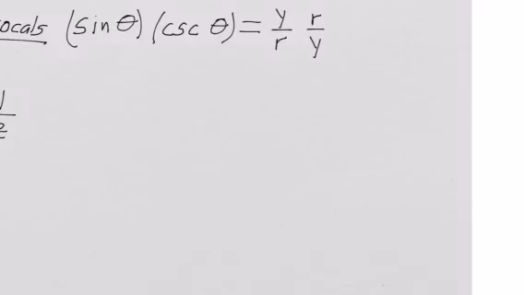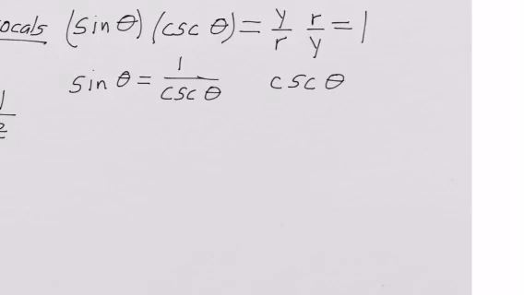I multiply those together, I get r times y over r times y, since multiplication of real numbers is commutative, which gives me 1. So that tells me that the sine of theta is equal to 1 over the cosecant of theta, and also the cosecant of theta is equal to 1 over the sine of theta.